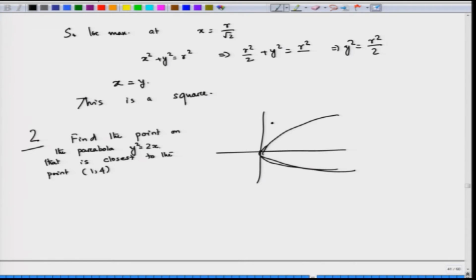Okay, (1, 4) is not on the parabola, and this is the point (1, 4).